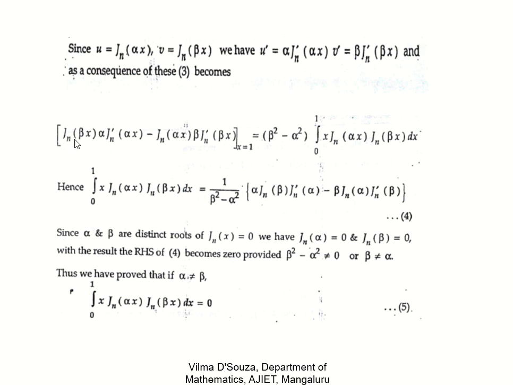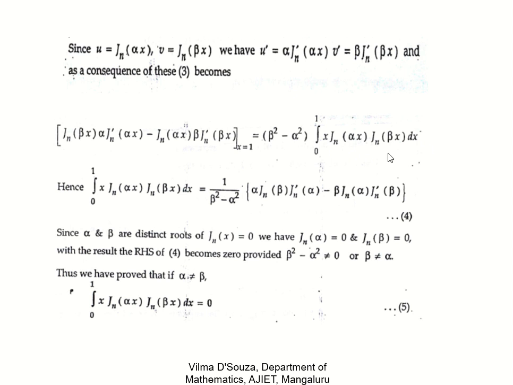So v Jn of beta x into u dash, alpha into Jn dash of alpha x, minus u, Jn of alpha x, into v dash, beta into Jn dash of beta x, is equal to beta square minus alpha square into the integral from 0 to 1 of x u v dx, where u is Jn of alpha x and v is Jn of beta x.